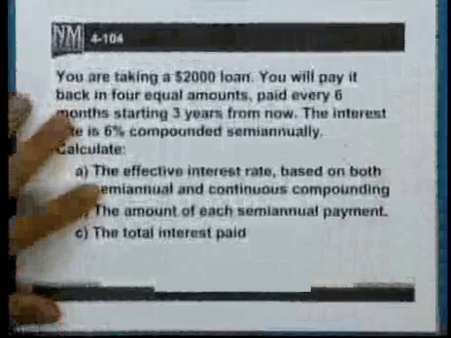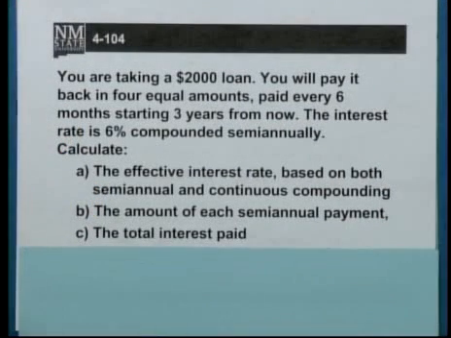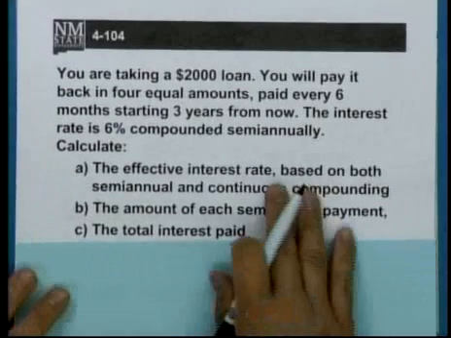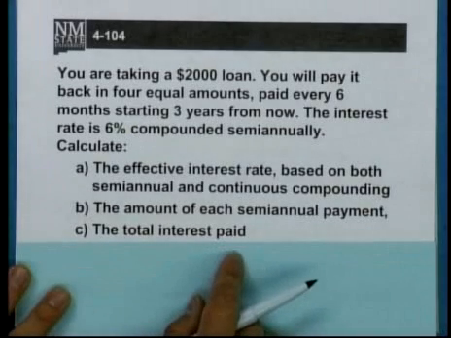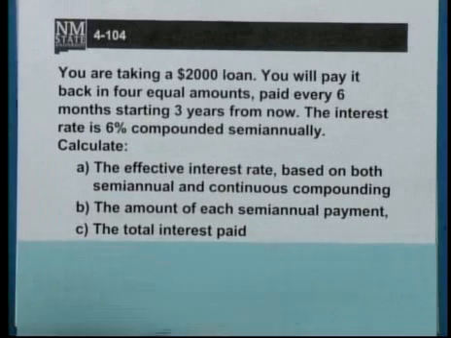Okay, how about part C? Total interest paid amount. The total interest paid amount is the difference between the loan amount and the total amount you paid back, right?